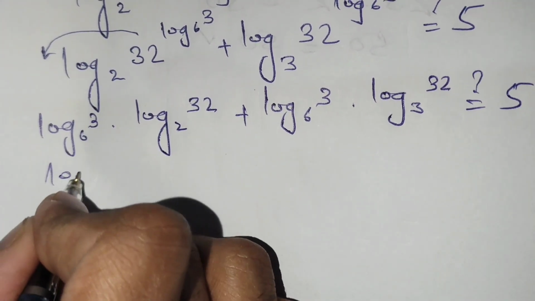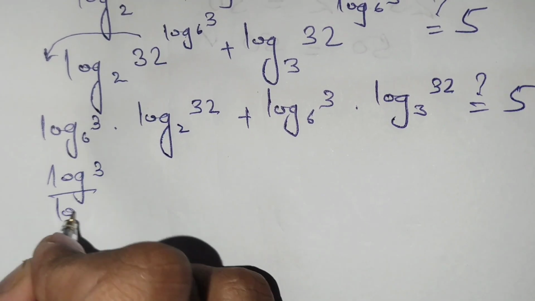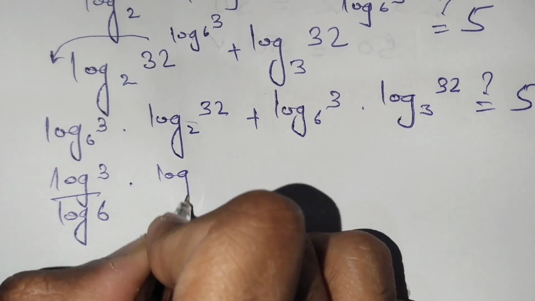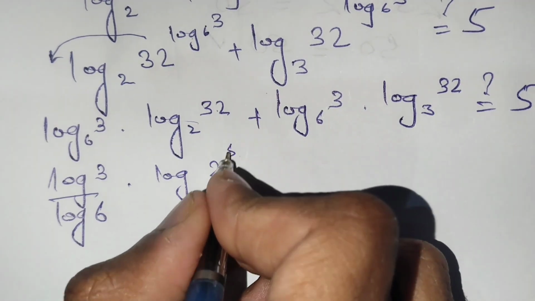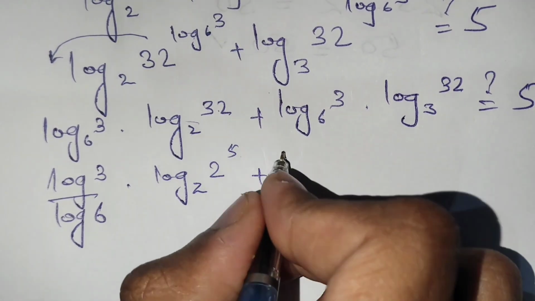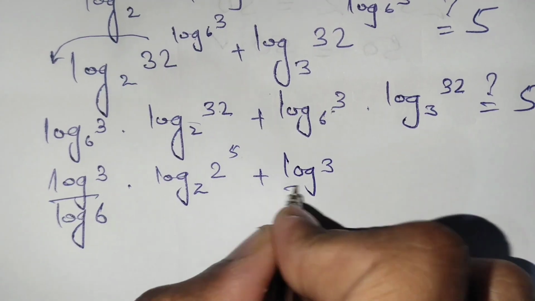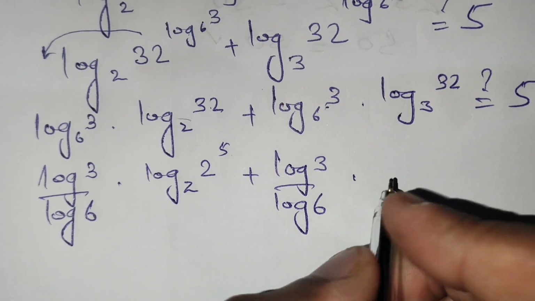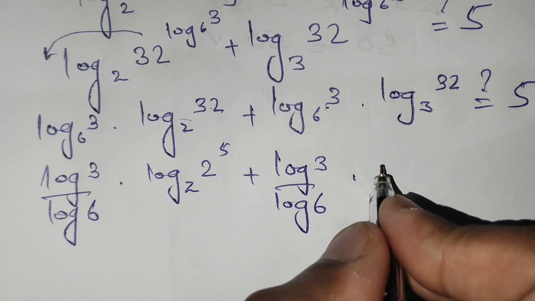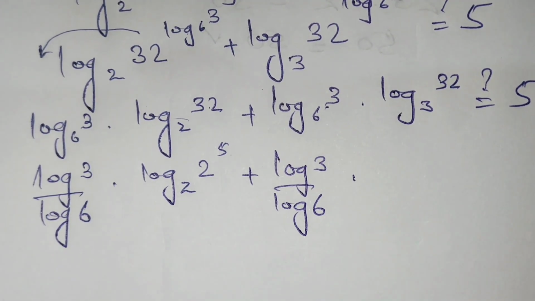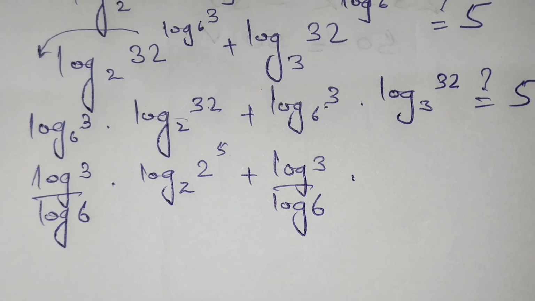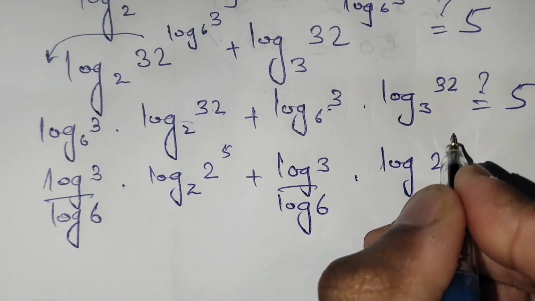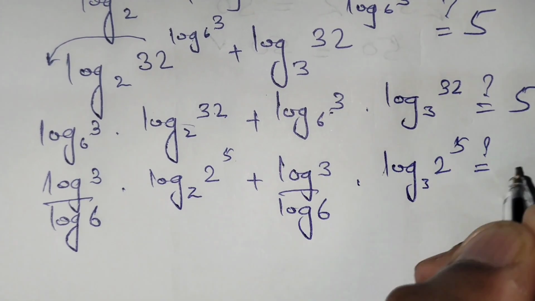We can write this as log of 3 divided by log of 6, and this is log of 2 power 5 to the base 2, plus log of 3 divided by log of 6, and this is log of 2 power 5 to the base 3.